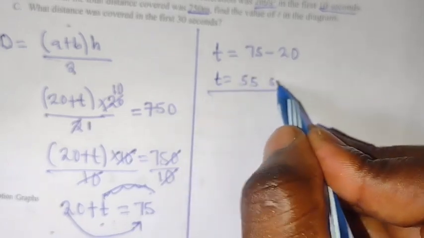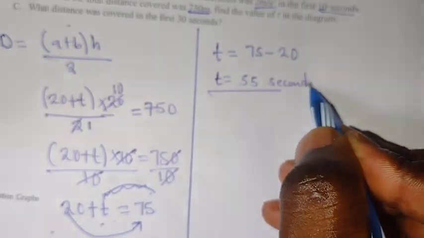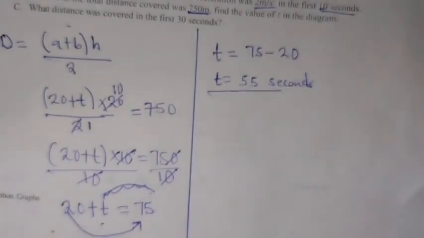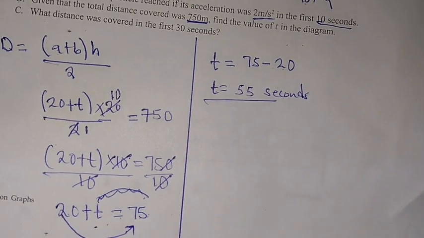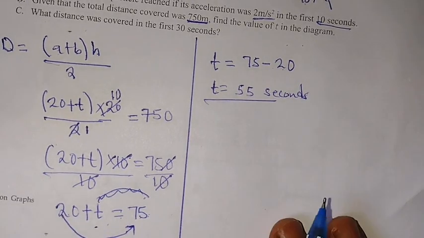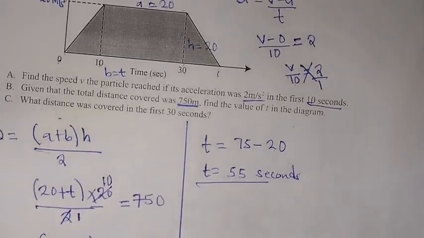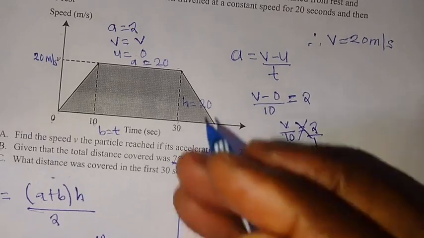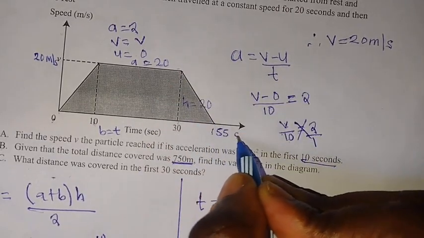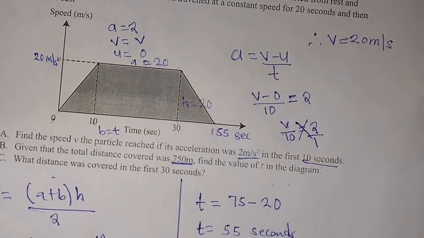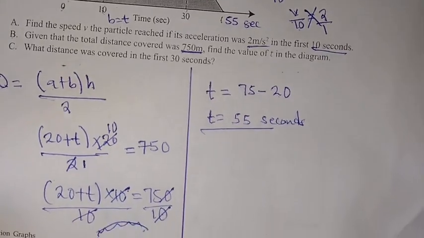So T is equal to 55 seconds. So meaning that right here where there was a T, it was 55 seconds. Okay, so we have answered our question.